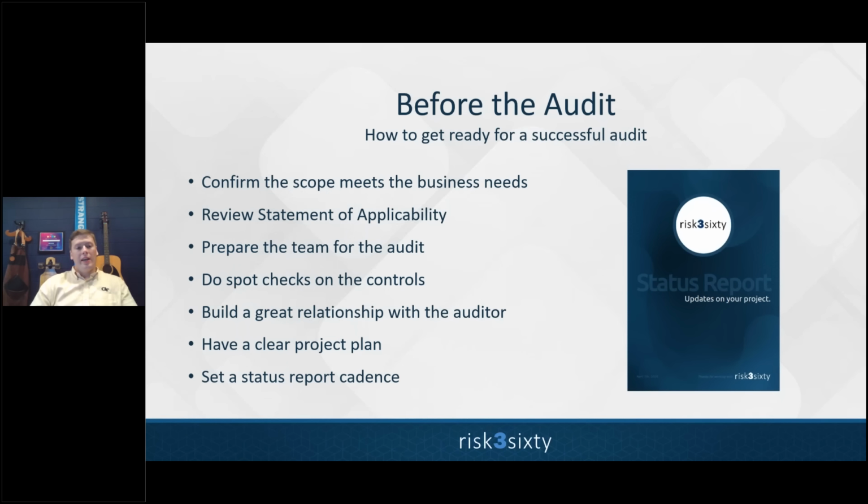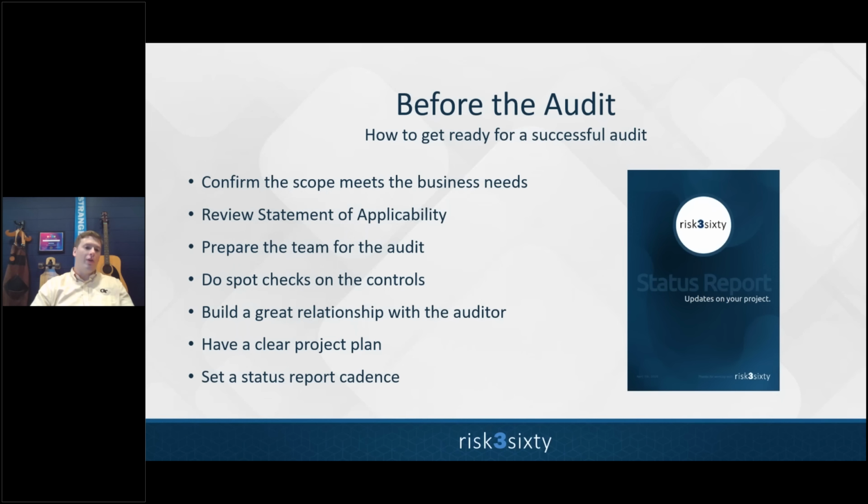All right, next is have a clear project plan. So ideally, you've already done these spot checks on the controls. You're aware of where your organization stands against the standard. Make sure that leading up to the audit you have continually looked at the performance of remediation against the gaps that you identify. What I would typically advise, especially if this is your first year, is conduct your internal audit 5-6 months ahead of the external audit.